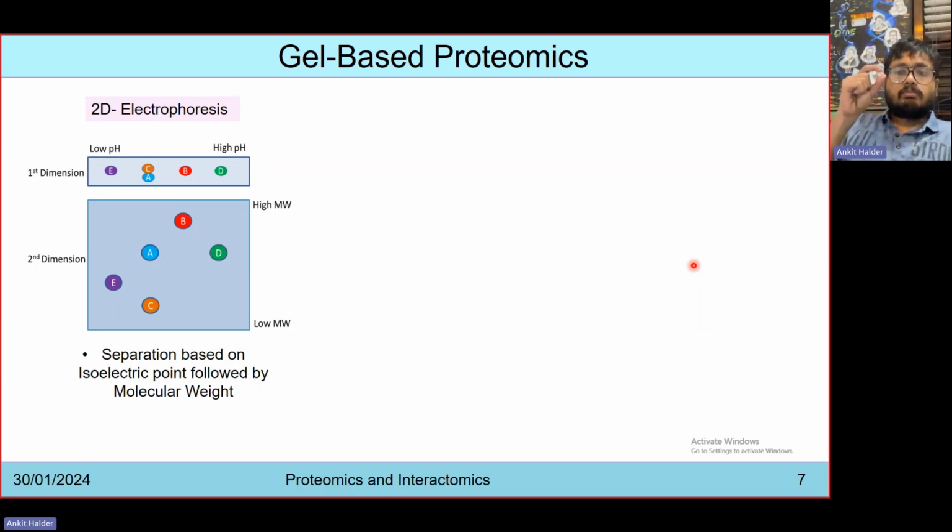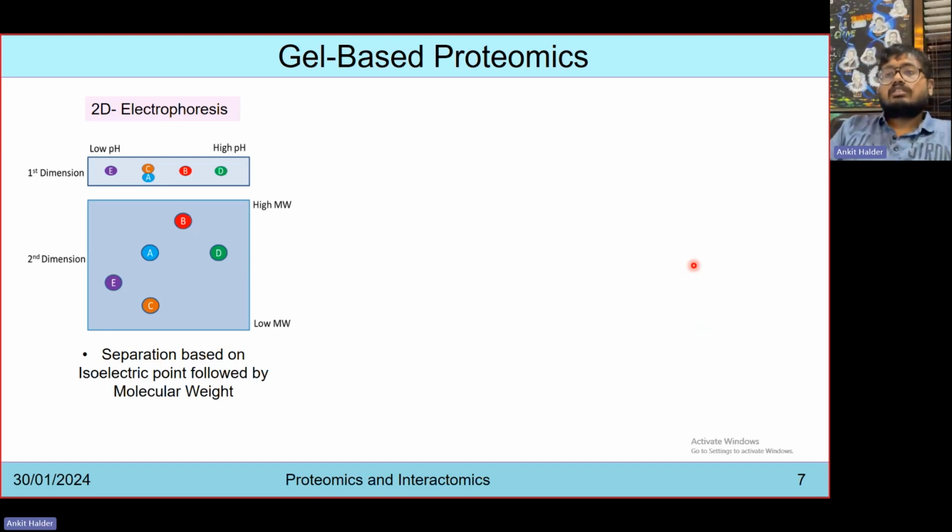The bands will contain a whole lot of proteins, and not all the proteins will be resolved. In a standard gel it won't be possible to resolve all the proteins, and there will be many proteins in the bands, so we cannot understand their profile.